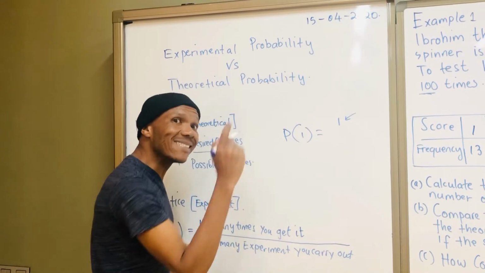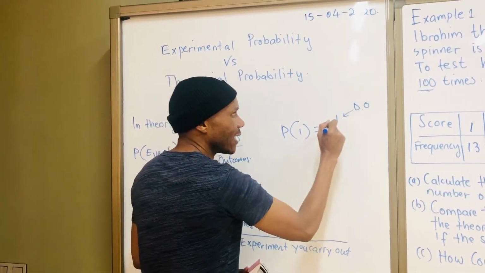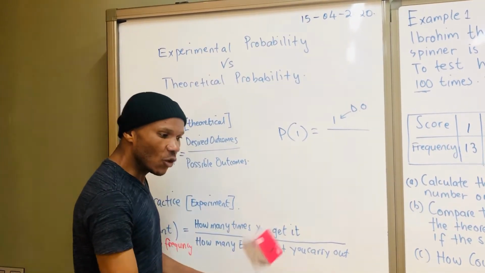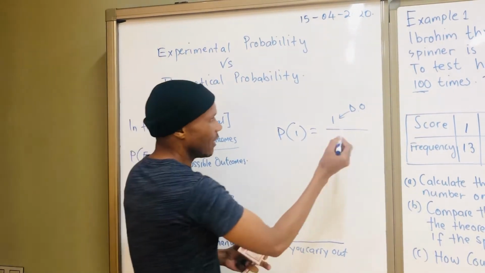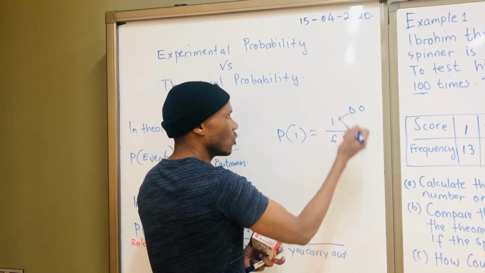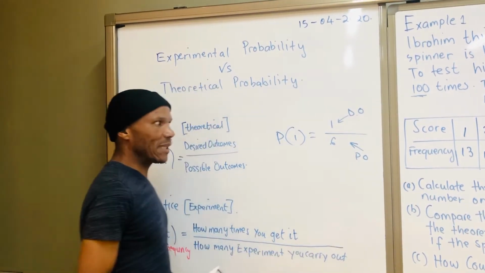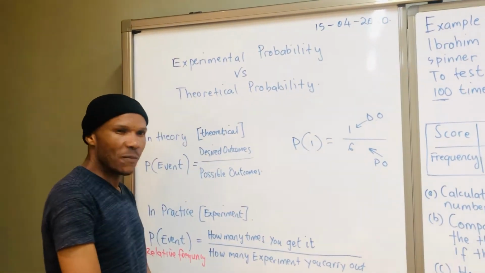That 1 was the desired outcome, right? Let's just call it a DO. Desired outcome divided by what? By the total number of your sample space, total number of possible outcomes, which will be 6. So that's 1/6. But you did not need to do an experiment for this, did you?